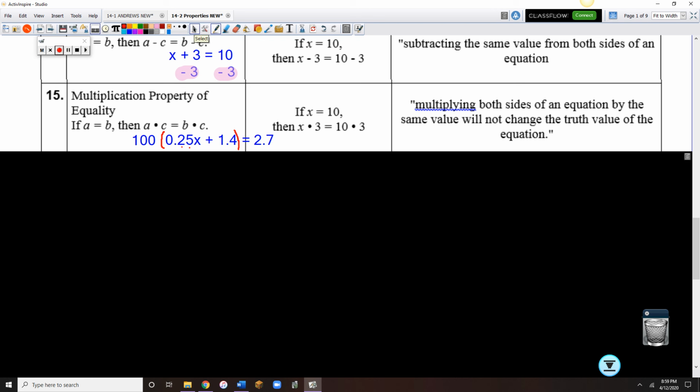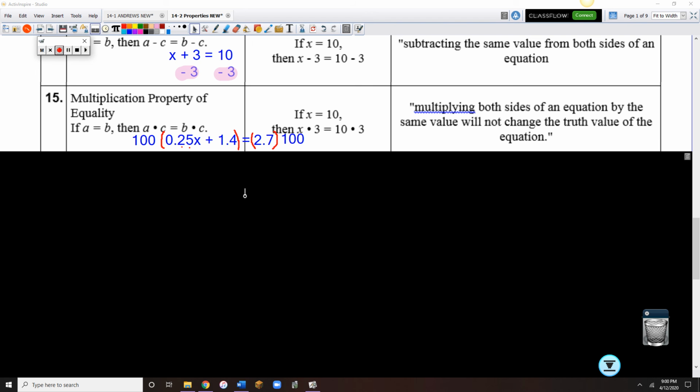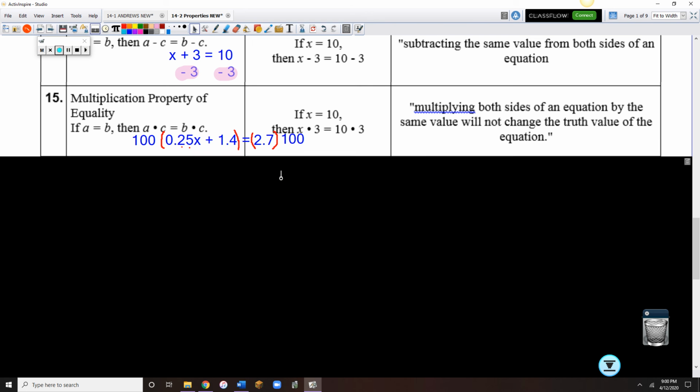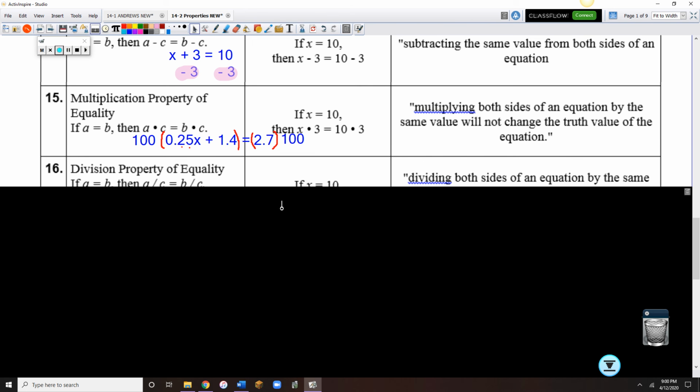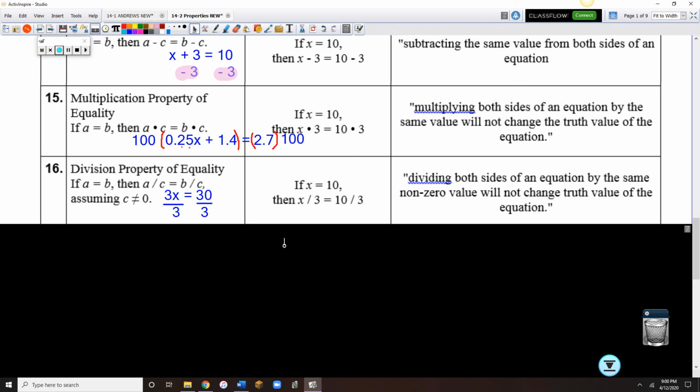If I do that, however, I also have to multiply by 100 on the other side. That's basically if you multiply both sides by something. Division property of equality. When I divide both sides by the same number, that's your division property of equality.